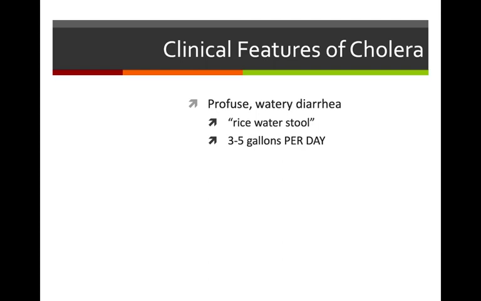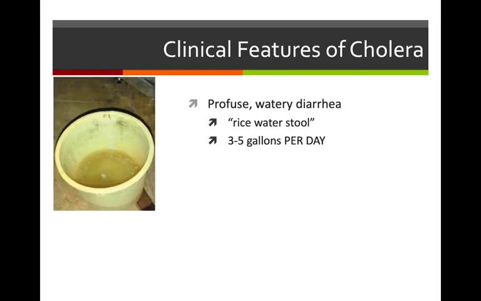So just think about that. This is what the stool looks like, because at this point there is no solid material. It literally is just the water coming out of the body. These patients are going to be shedding millions and millions of bacteria. That is just full of bacteria.